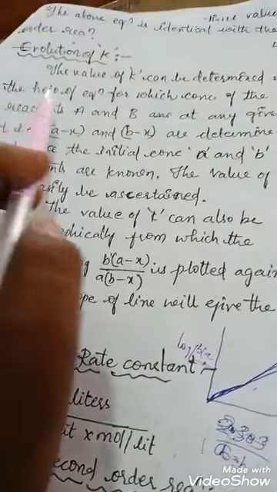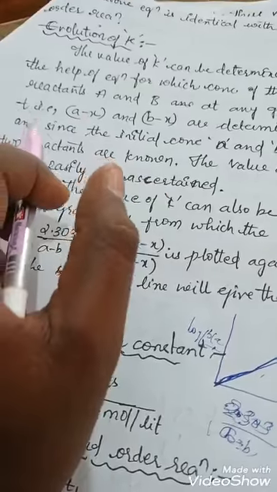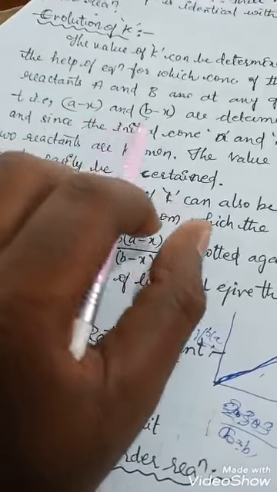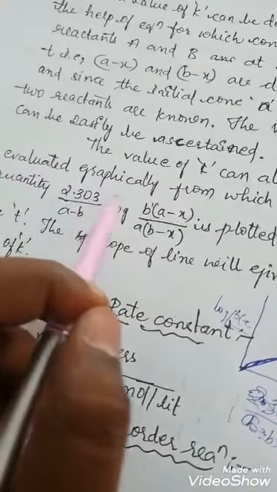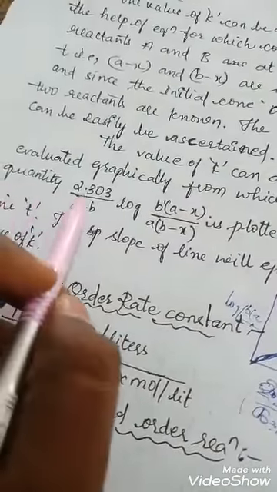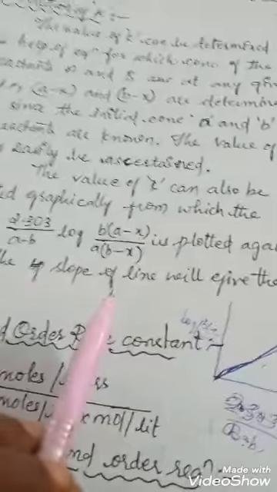The value of k can be determined with the help of an equation for which the concentrations of the reactants A and B at any given time, that is A minus x and B minus x, are determined. Since the initial concentrations A and B of the two reactants are known, the value of k can easily be ascertained. The value of k can also be evaluated graphically, where the quantity 2.303 by (a minus b) log [b(a minus x)]/[a(b minus x)] is plotted against time t. The slope will give the value of k. Okay, this is the graph.